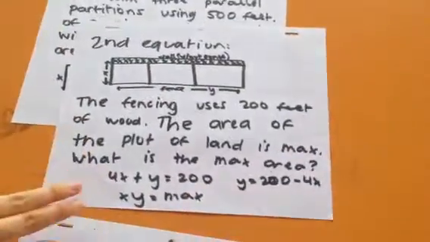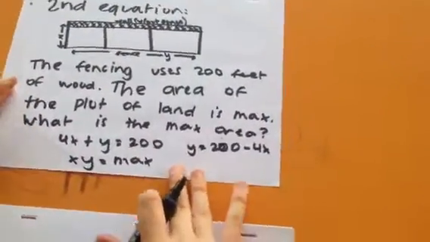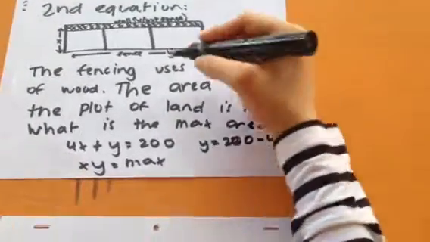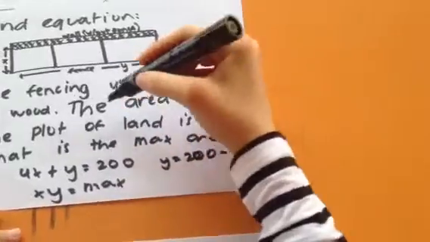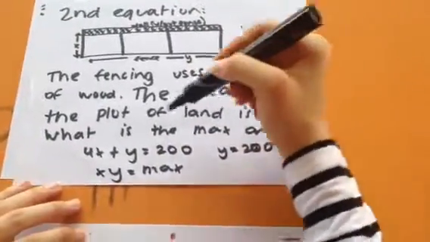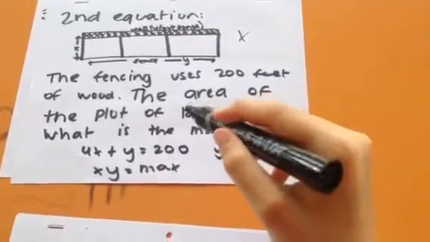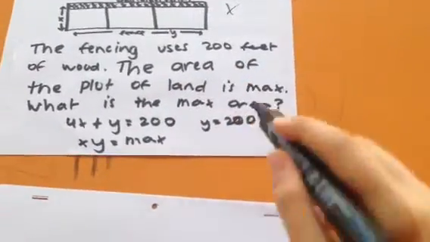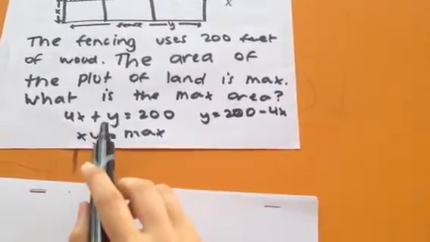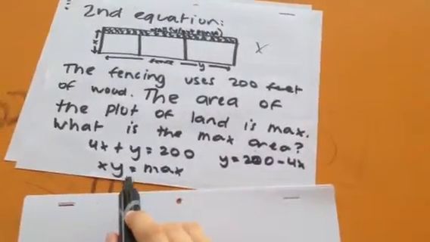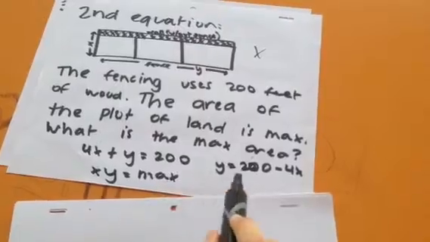Our second problem says the fencing, so it gives us a diagram. The fencing uses 200 feet of wood. The area of the plot of land is max. What is the max area? So I've done the equation for you that it's given us. 4x plus y equals 200, and x times y is max.